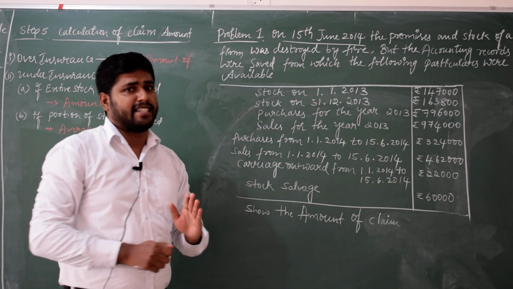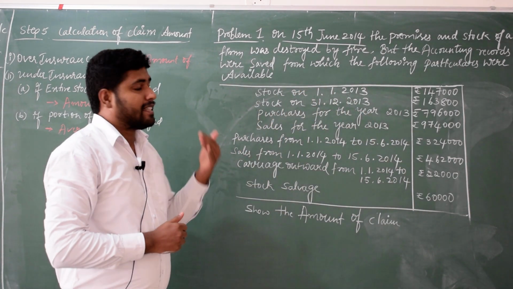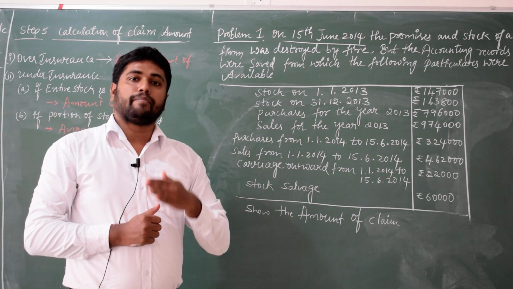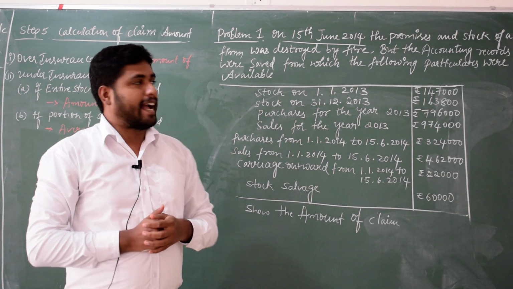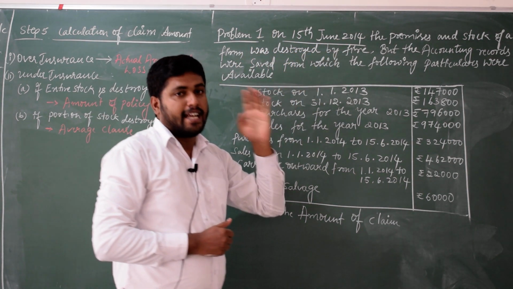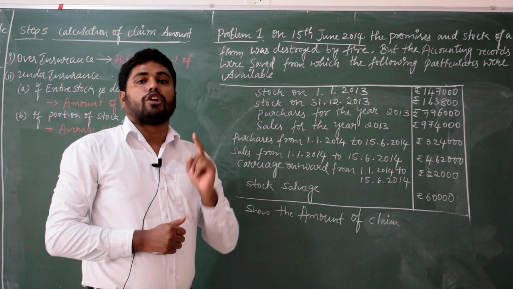As I said earlier while explaining the steps of fire insurance claim, the first step is the trading account, which is prepared for the previous year of the fire accident. Here the date of the fire accident is June 2014, so the previous year will be 2013.